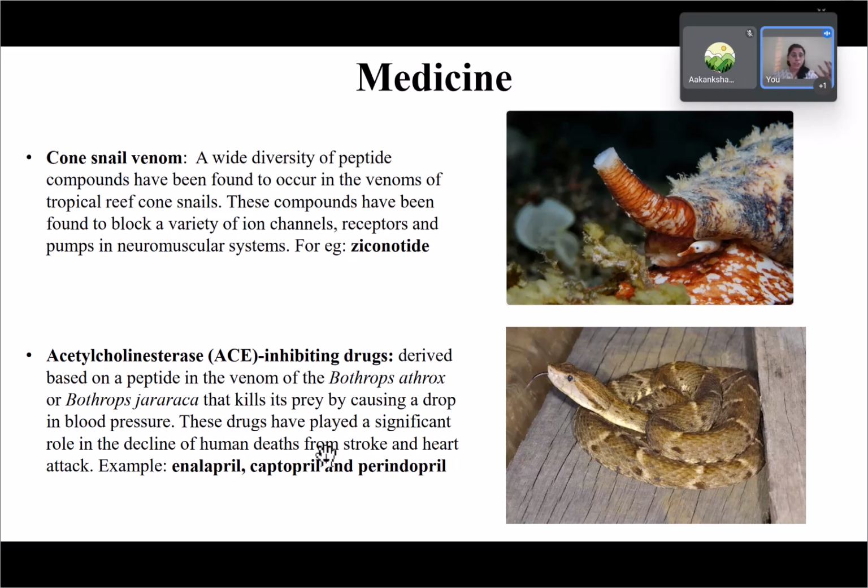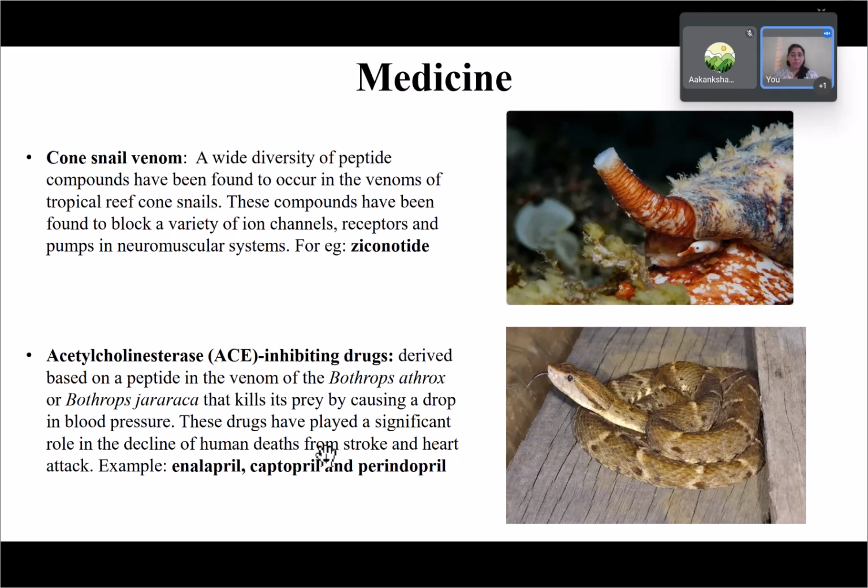I'm pretty sure everyone knows that snake bite and snake venom are very problematic issues, because in some snakes, they affect the nervous system, how the neurons act with each other, by disrupting the signaling. But this same venom can be repurposed and used in acetylcholinesterase inhibiting drugs. So basically they can be used for cases like stroke or heart attack.